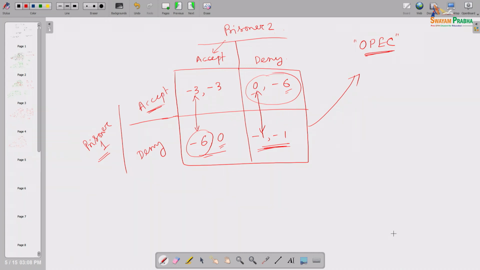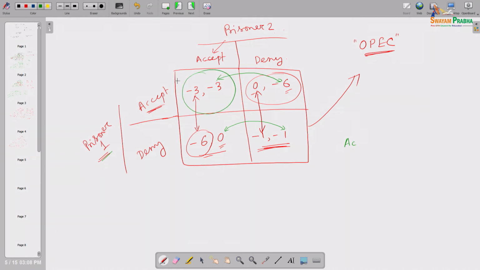Exactly the same way prisoner 2, see, he is comparing between these two numbers and these two numbers, and in both cases by accepting he is getting more. So, accept is a dominant strategy for each of them. Prisoner 1's dominant strategy is accepting, prisoner 2's dominant strategy is also accepting.